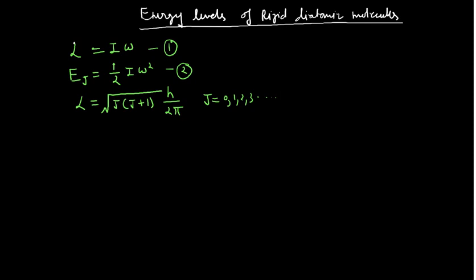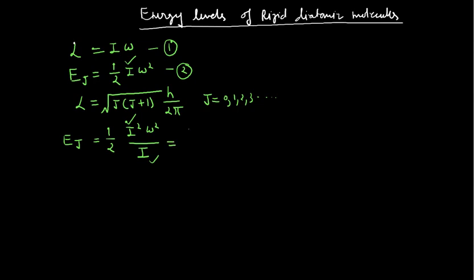Okay. Now what we can do, you can actually change this energy expression a little bit. How? Say you can write Ej equals to half I square omega square divided by I. So what I have done here, I have multiplied this equation by I with I, so it would become I square, and then divided this equation by I. It will not make any difference, but it will solve the purpose.